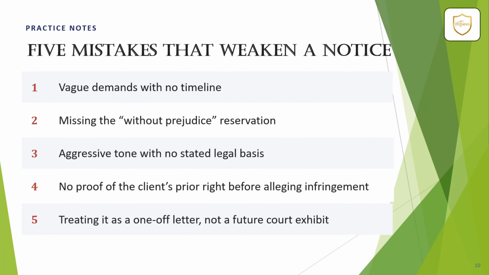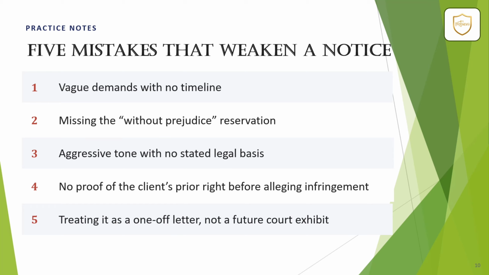So before we do our drafting exercise, let's look at the 5 mistakes I see most often when I review junior drafts. The first is that you make a vague demand with no timeline. Another is that you miss the without prejudice part.